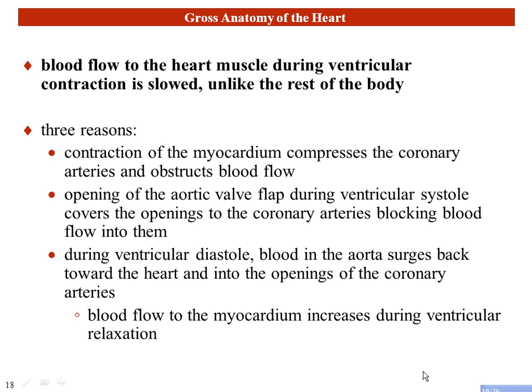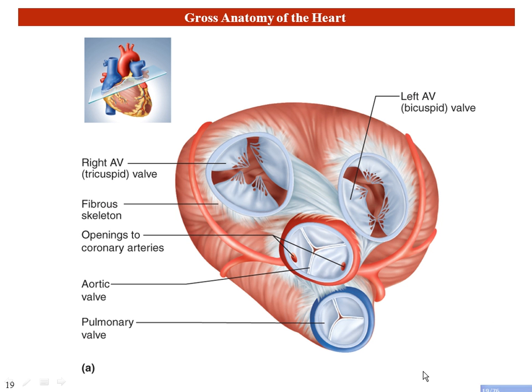Now, 3 reasons for this. First of all, when the heart contracts, it compresses coronary arteries, and that obstructs flow. Second, opening the aortic valve when the heart is contracting blocks the opening of the coronary arteries. So look at this next slide here. Here are the openings to the coronary arteries, and this valve that we're looking at is the aortic semilunar valve.